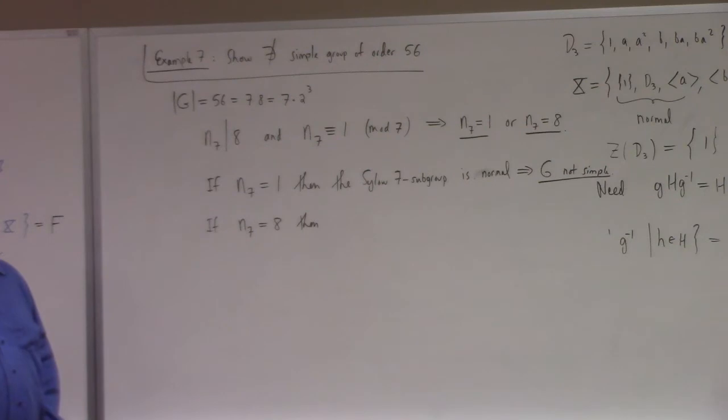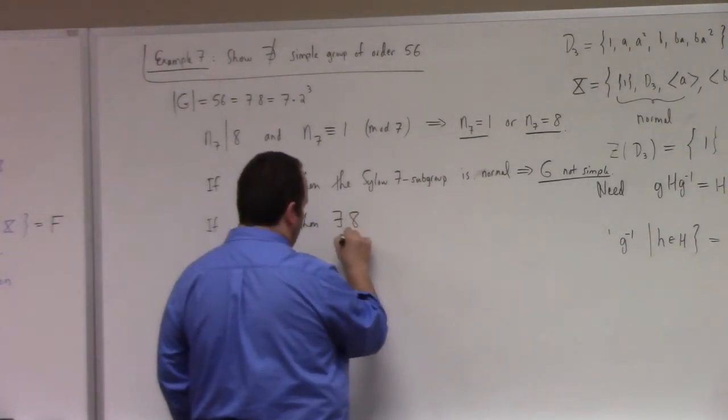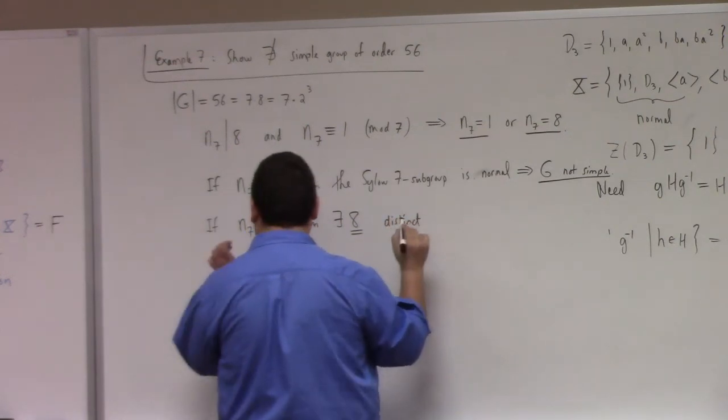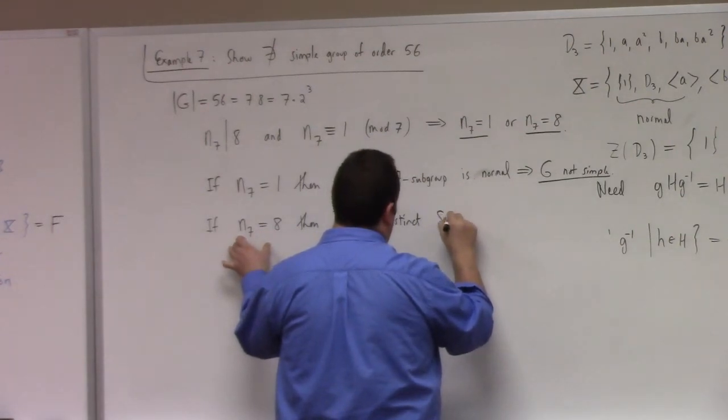That means the number of Sylow 7 subgroups, there's 8 of them, right? Distinct. I mean, this is just the definition, right, of what that is?